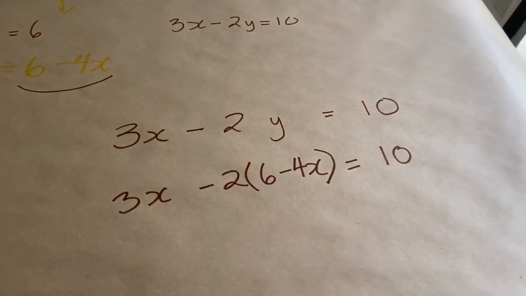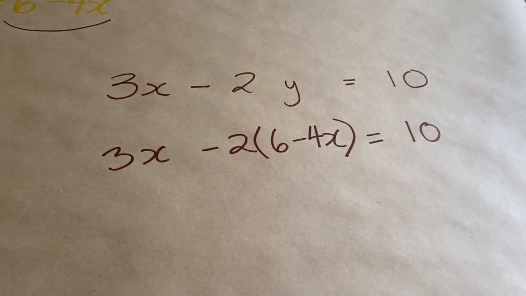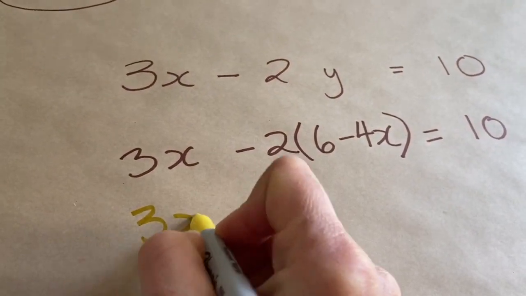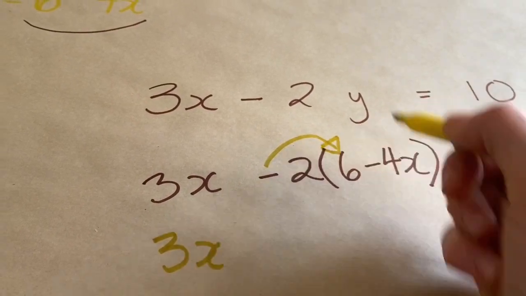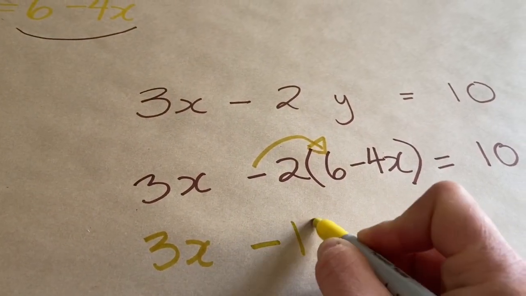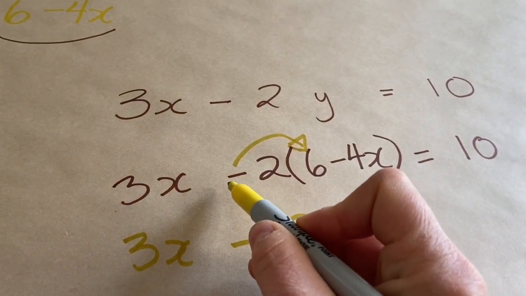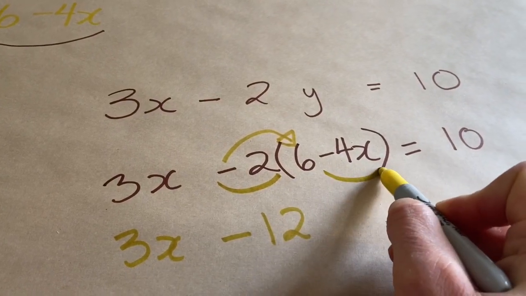So I have this equation. I've got x's, I've got parts with no x's. I want to simplify it and get x all alone. So here I have 3x. Here I have minus 2 times 6, so that means I have minus 12. Now the next part causes sometimes a bit of difficulty because you need to remember that it's minus 2 times minus 4.